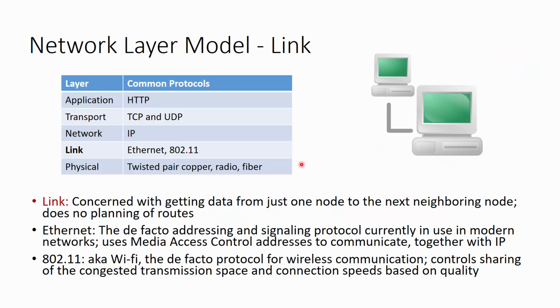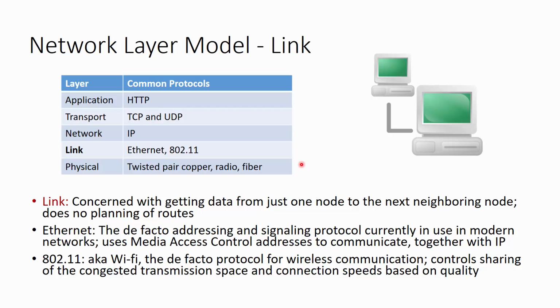The link layer is designed for, its purpose is to get data from just one node to the next neighboring node. So from, say, my computer to the switch that it's connected to, or from one phone with a Wi-Fi connection to the wireless access point. Just the connection between those two devices.